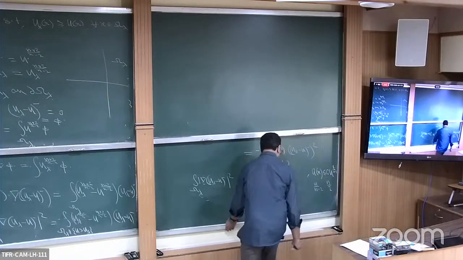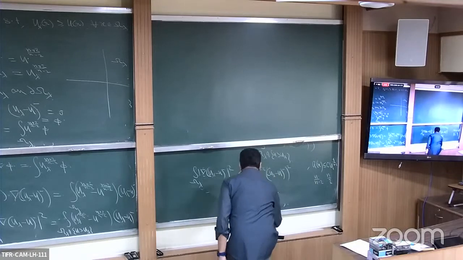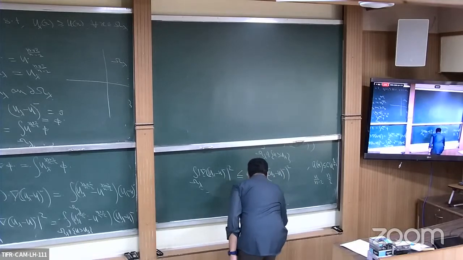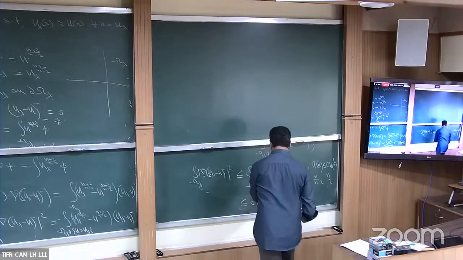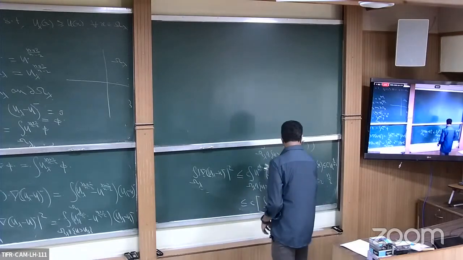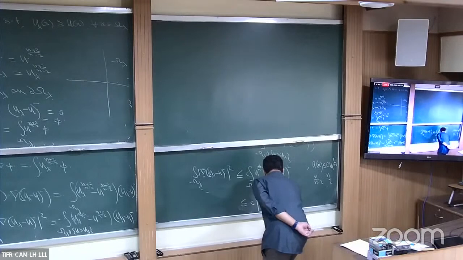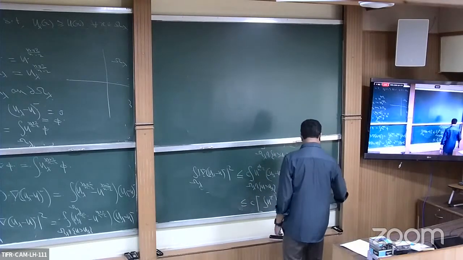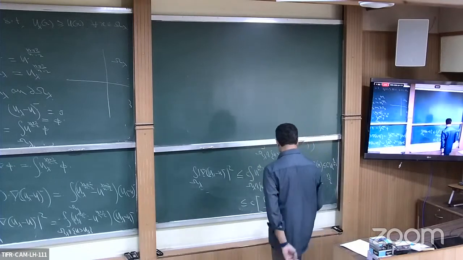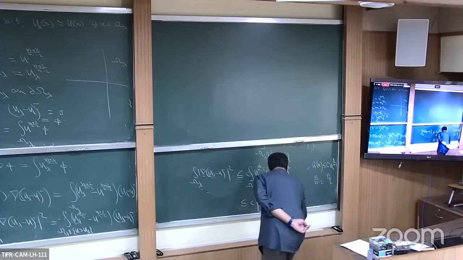So when you apply the Sobolev inequality here, you will have a constant times the integral of u to the power 2 star, to the power 2 by n.